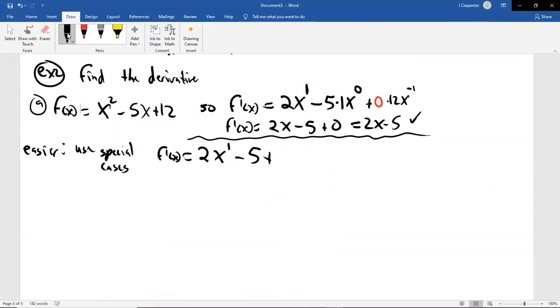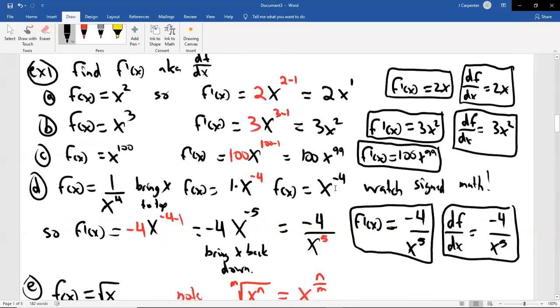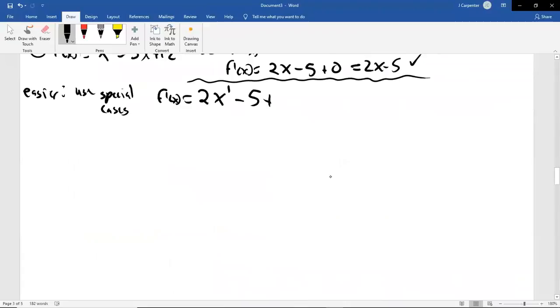Then plus, going back to the special cases, this is a constant. We said under our special cases that the derivative of a constant is 0, because constants are horizontal lines. Horizontal lines have a slope of 0. I'll draw that up after this example, in fact. And adding 0 does nothing, so this is just 2x minus 5.